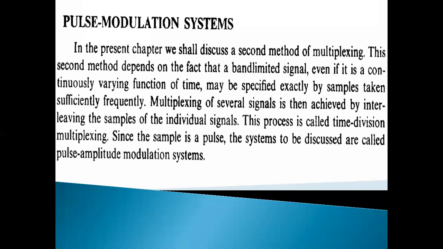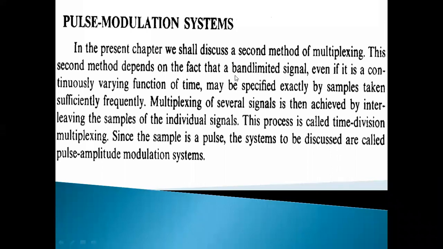Now we enter into another concept, another type of multiplexing. In the earlier chapters we discussed multiplexing: a number of signals are combined and propagated through a channel, and you receive the signals at the receiving end. Multiplexing is done at the transmitting end and demultiplexing at the receiving end.